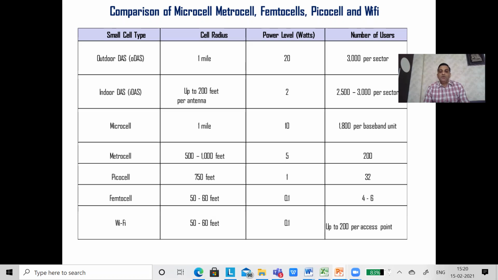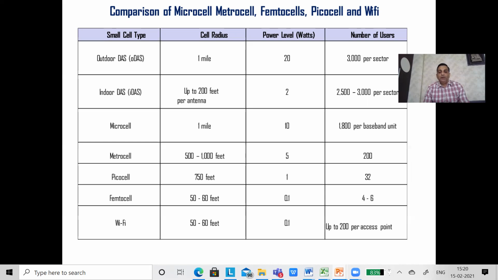Picocell: 750 feet is the cell radius, 1 watt is the transmission power, and it provides services to 32 users. While femtocell is 50 to 60 feet cell radius, 0.1 watt is the transmission power, and it provides services to 4 to 6 users.